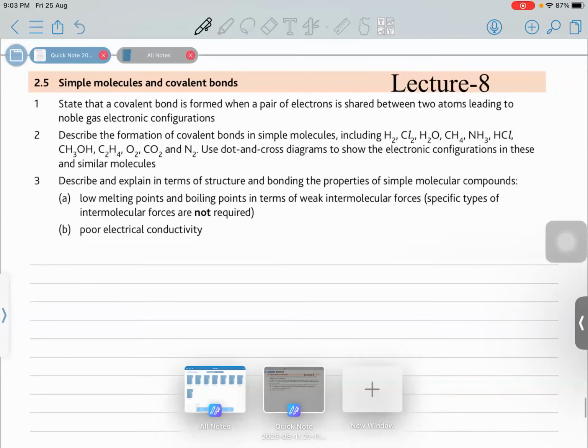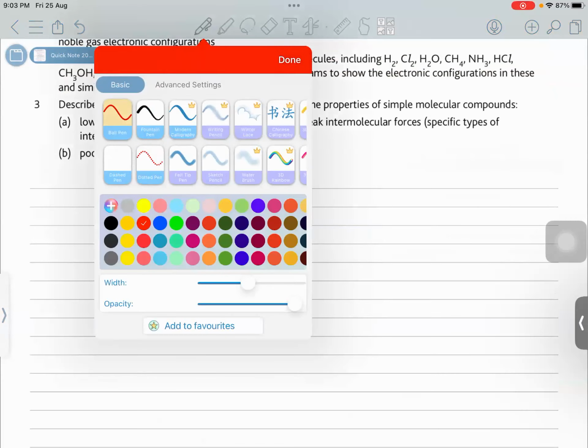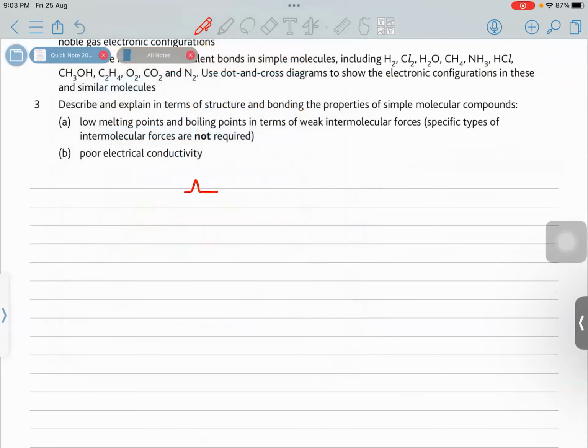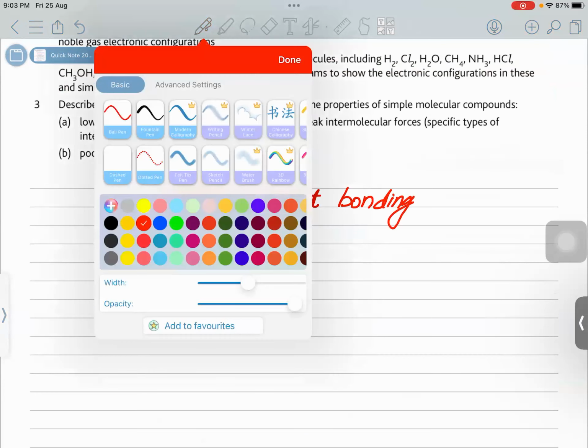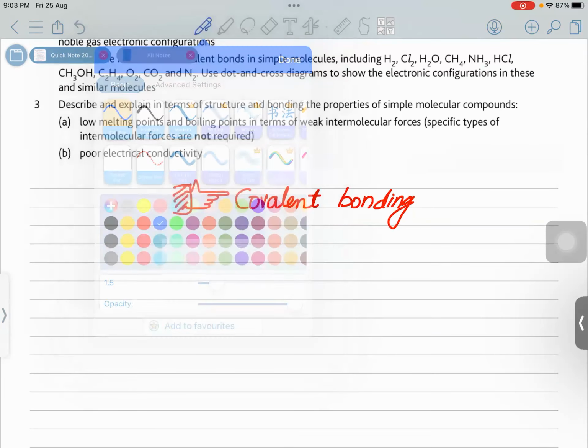Make the heading covalent bonding. So first point, what is covalent bonding and how is it formed?